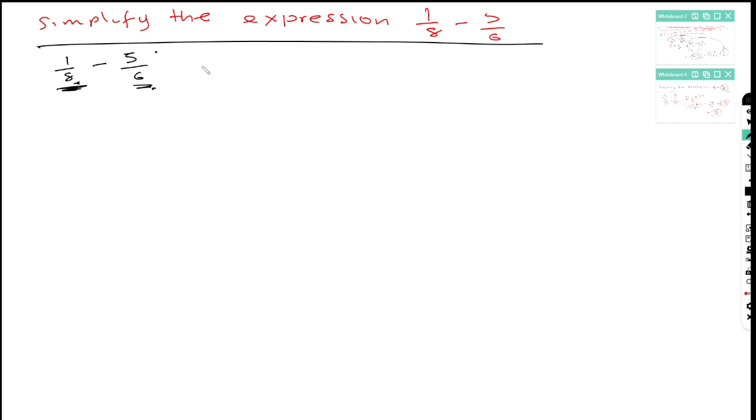Therefore, these denominators here will be 24. Cool. So let's do this. Again, we have 24.